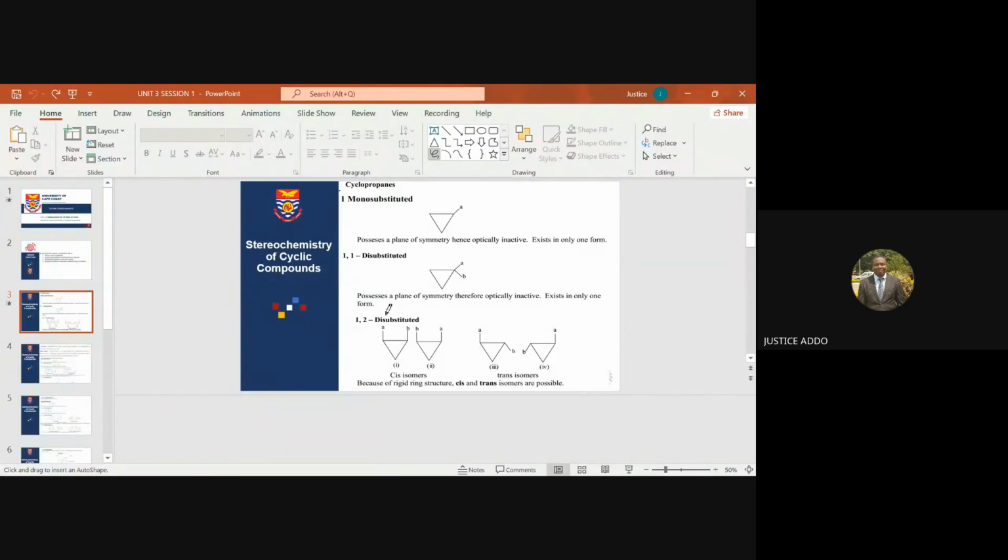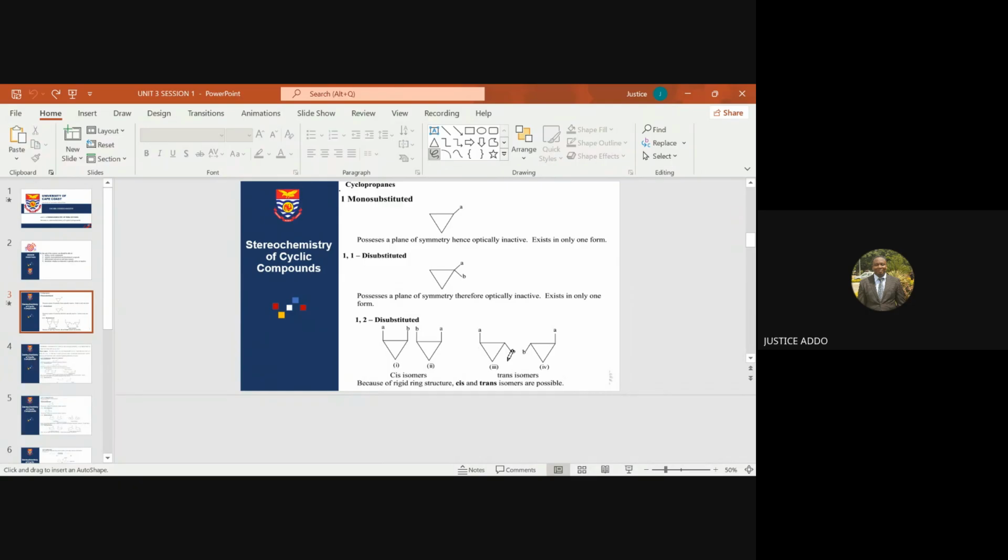But when you move to the 1,2-disubstituted, where the 2 substituents are on different carbons, of a cyclopropane, okay? Of course, for cyclo compounds, there are many. We have 3-membered ring, 4-membered ring, 5-membered ring, 6-membered ring, 8-membered ring, and then the substitution can vary.